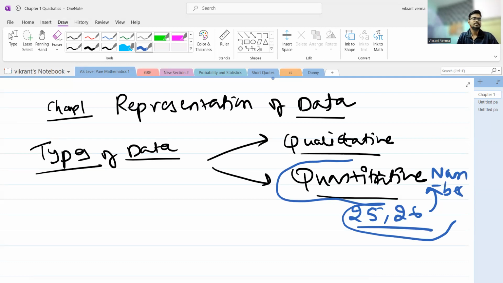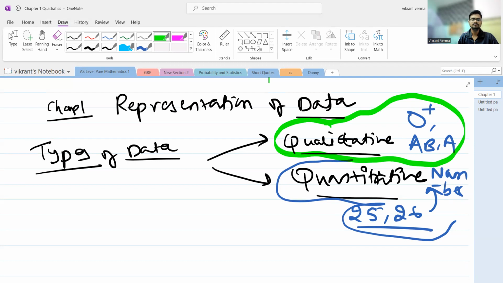But if we collect blood samples and record that data, the blood group is like O positive, AB, A, like this. They are alphabetical letters, so it comes under the qualitative data type. These are the two major categories in which our day-to-day data can be categorized.